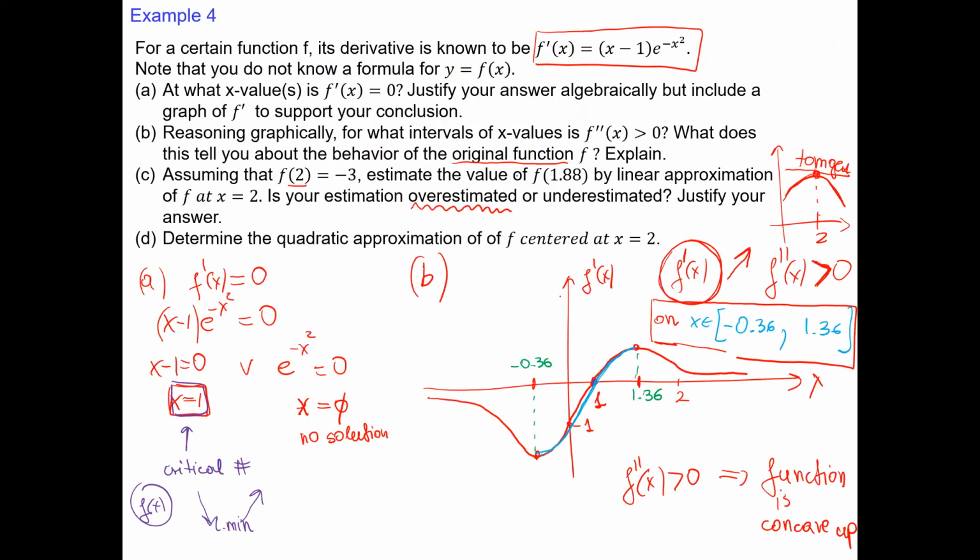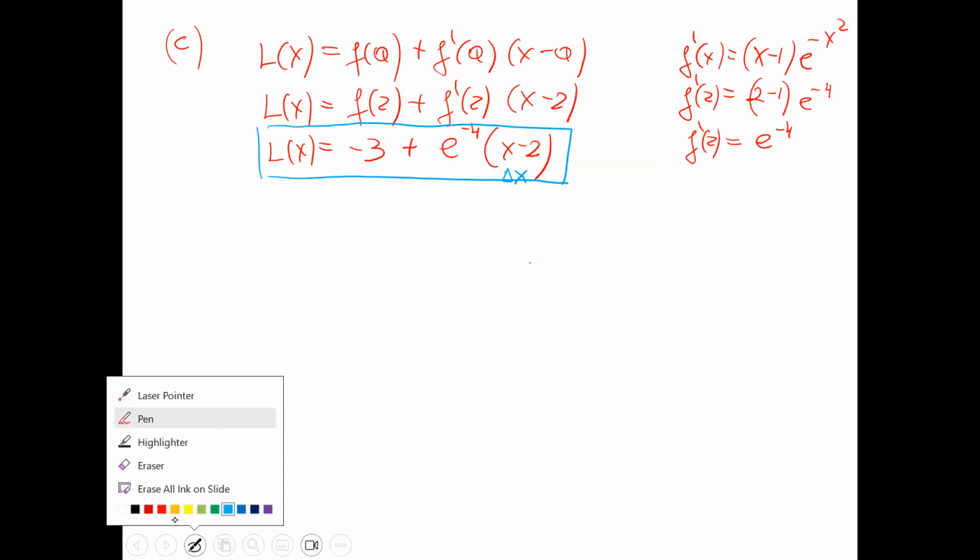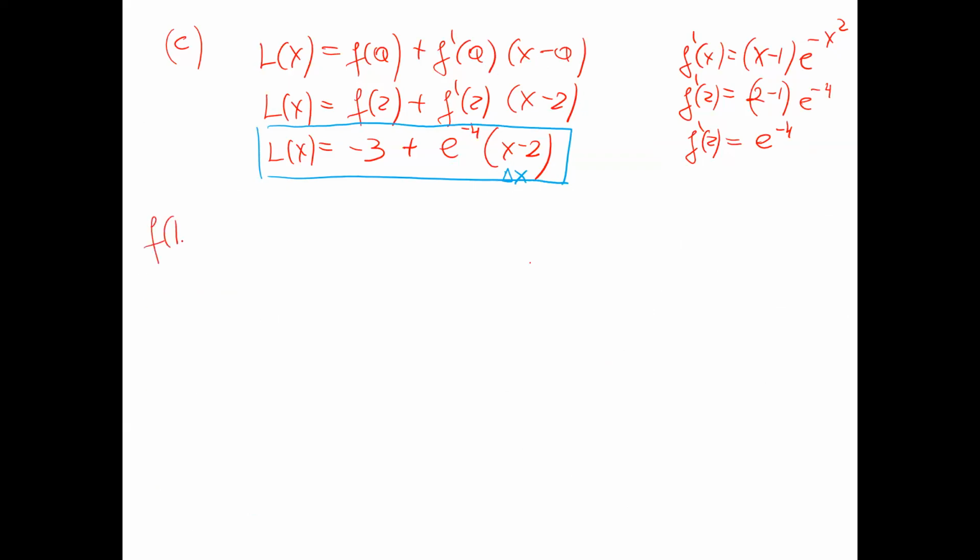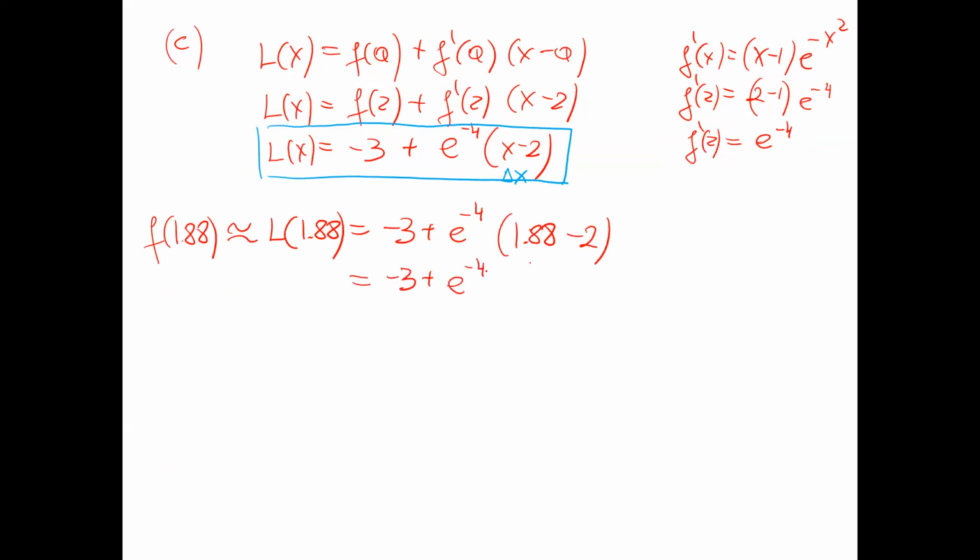Now we are asked to do the approximation. We may approximate the function at 1.88 using linearization, just replacing x with 1.88. Then we see e to the negative 4 times negative 0.12. Then I used the calculator.